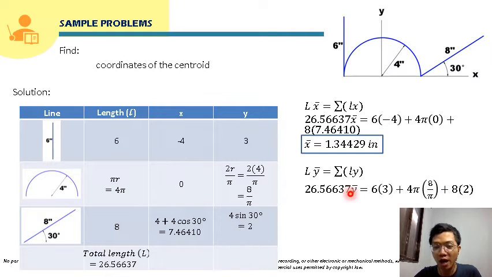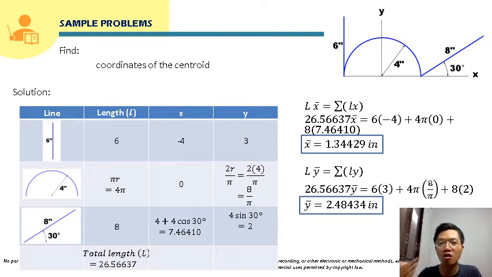Solving for y bar, we will just divide both sides by the total length. So y bar will just be 2.48434 inches. Again, don't forget to include the unit, which is inches. So this will now be the coordinates of the centroid of this composite figure, x bar and y bar. So this will now be the answers.